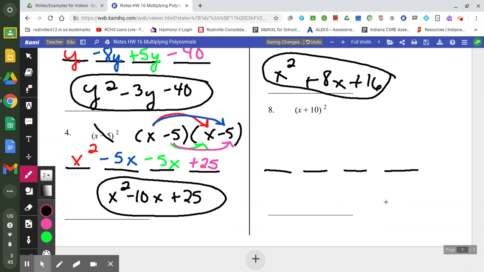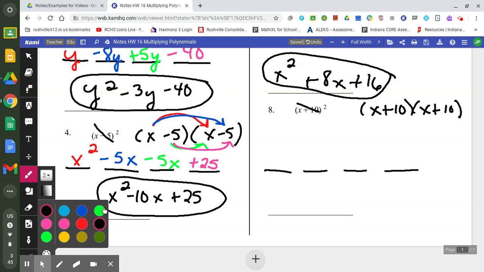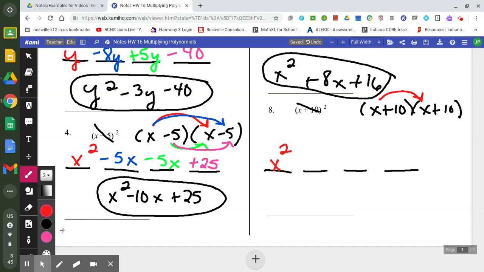And then the last one, again, I have a quantity squared, so I'm going to write x plus 10 times x plus 10. So first terms, x times x is x squared. Outside terms, x times 10, plus 10x.